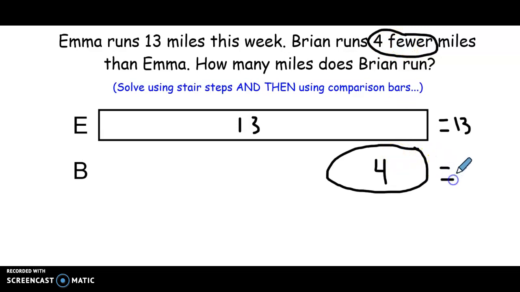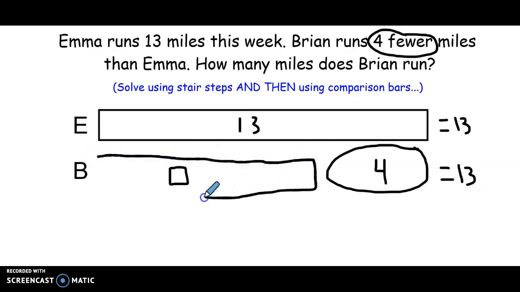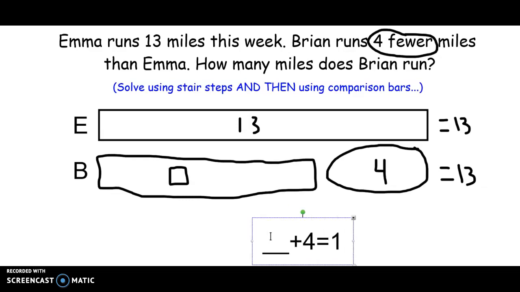Okay, we're going to put our equals 13 out here. Now what we're looking for is how many miles Brian actually ran. So that's going to be our unknown right here. Excuse my ugly rectangle. Okay, there we go. So our equation would look like we have our unknown plus 4 equals 13.